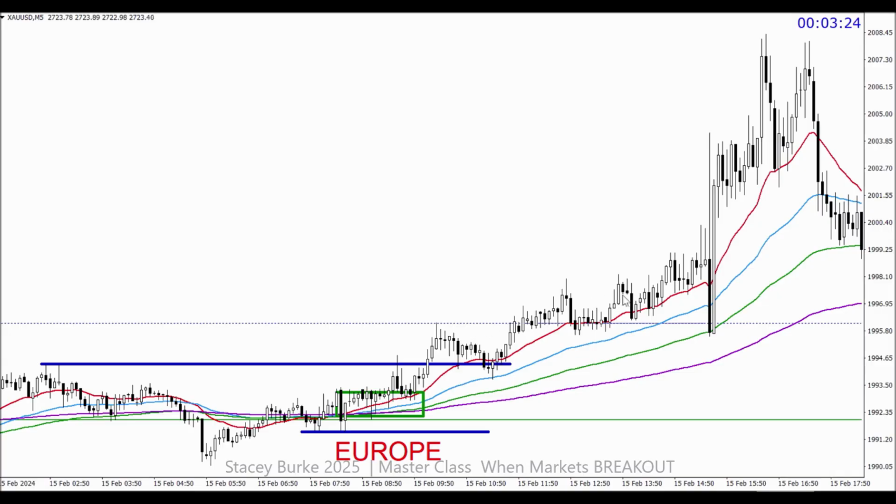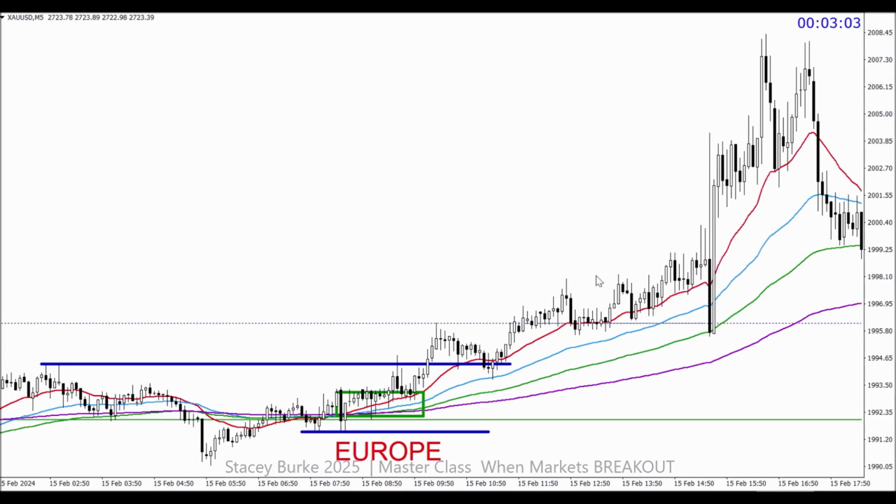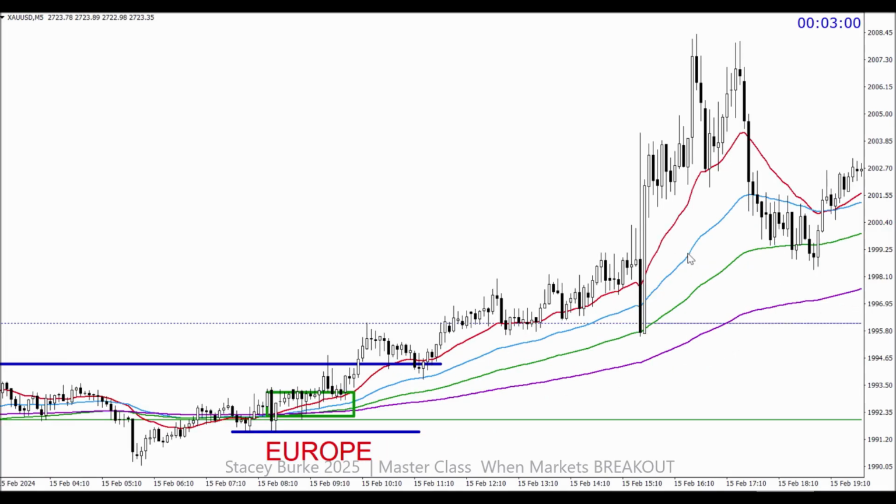If traders were in this, they're either at break even with profits or getting out because this market, obviously, any volatility. But this is not the ACB template. So that's one of the main things I want to make clear, is that we did not get the ACB template on either the Japanese yen into New York or on gold. In Europe, the market has coiled and started to break out. This is not an ACB trade.